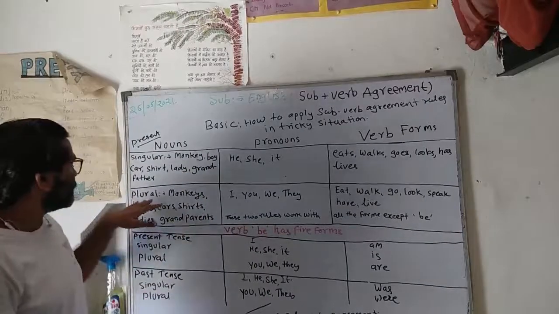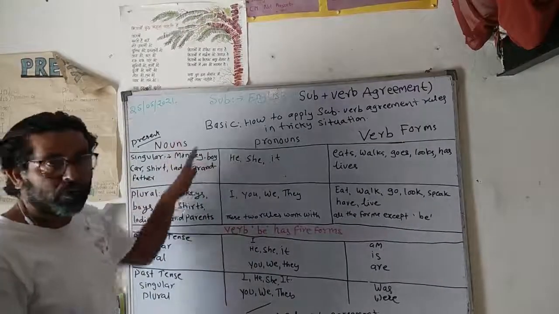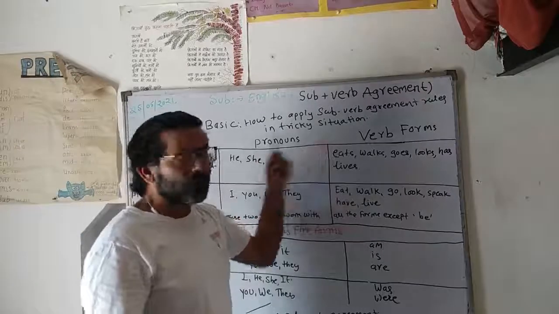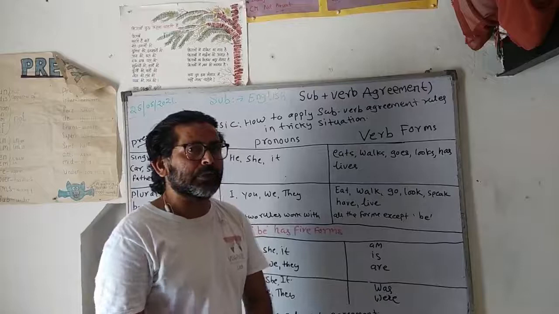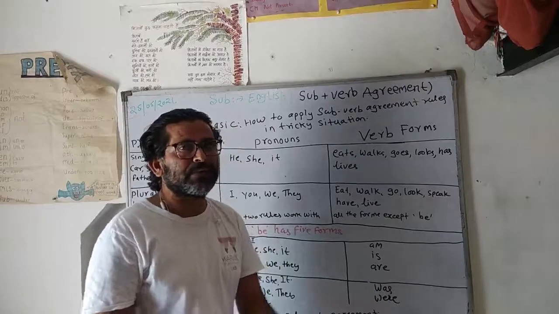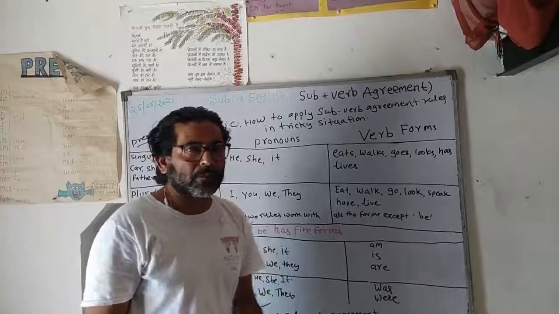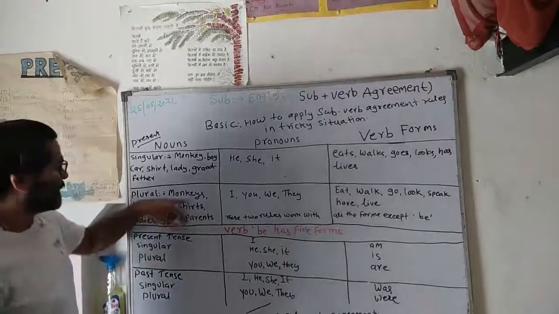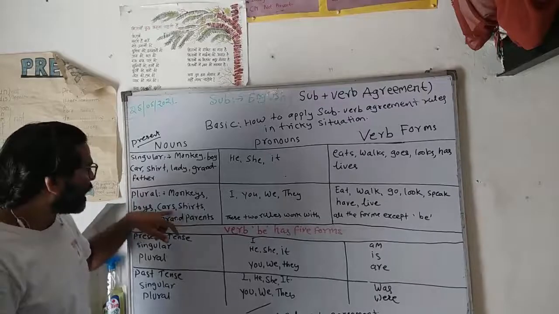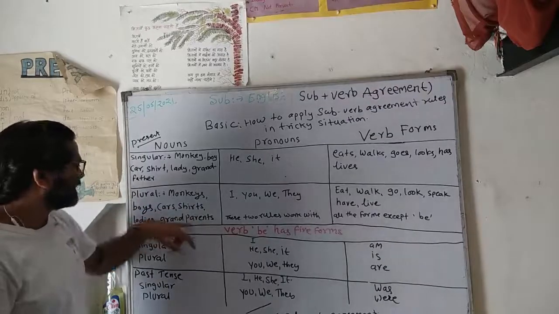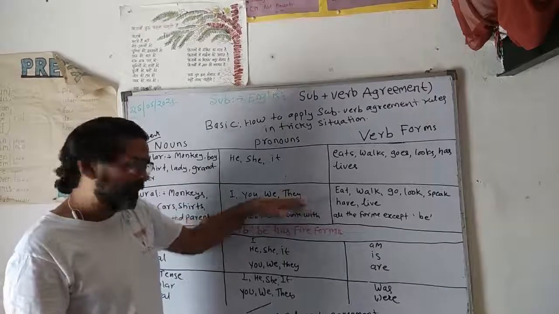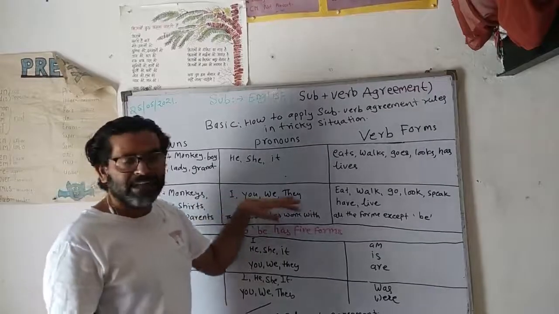But when we have a plural subject, a plural noun or plural pronoun, do we need to use s or es with the verb, or not? Let's take a look. For example, monkeys, boys, cars, shirts, ladies, grandparents are all plural nouns, and the pronouns are I, you, we, and they.